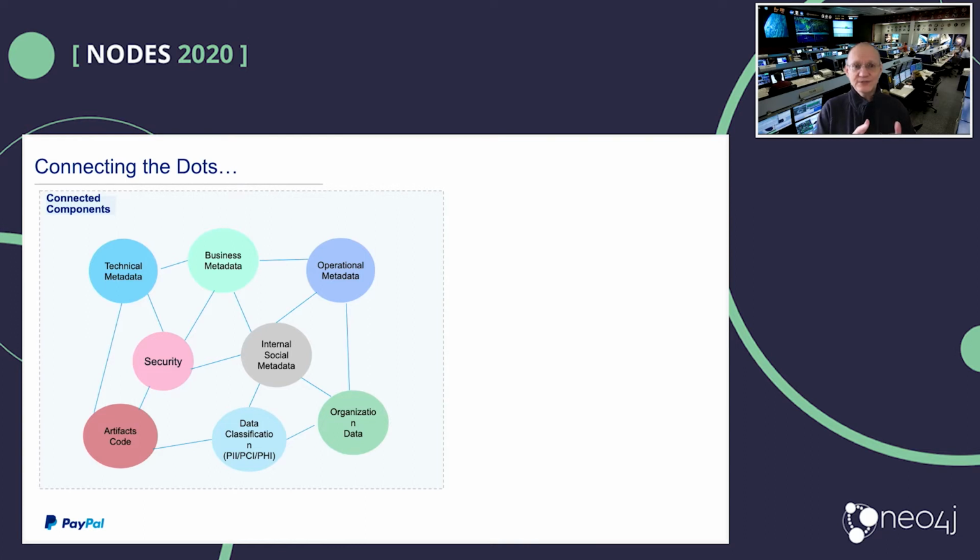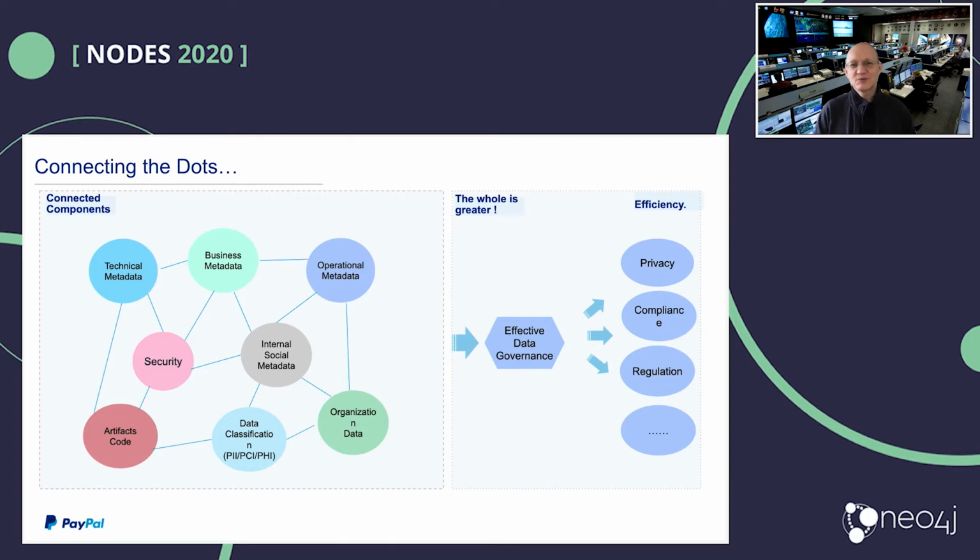When you start combining these things, you can recognize that this would be very useful for governance. And governance is able to give you good insights into privacy, compliance, and regulations. Just to illustrate this, for privacy regulations like GDPR, customers have the right to ask, I want all of my data to be deleted.